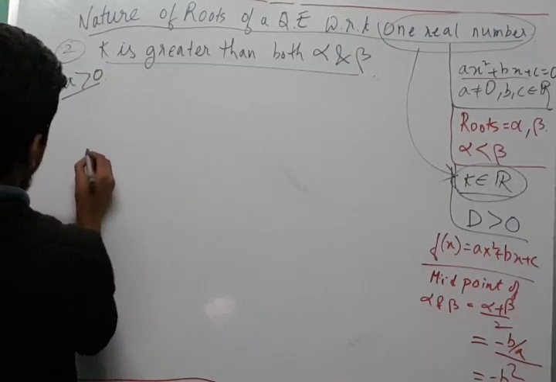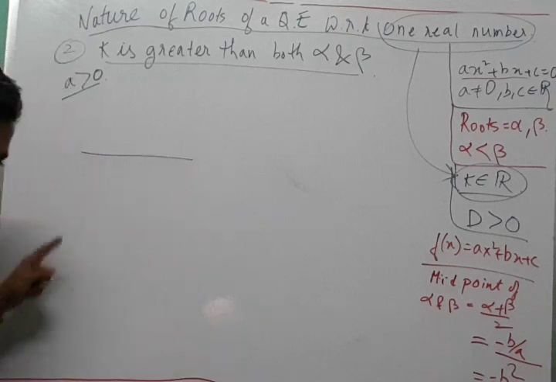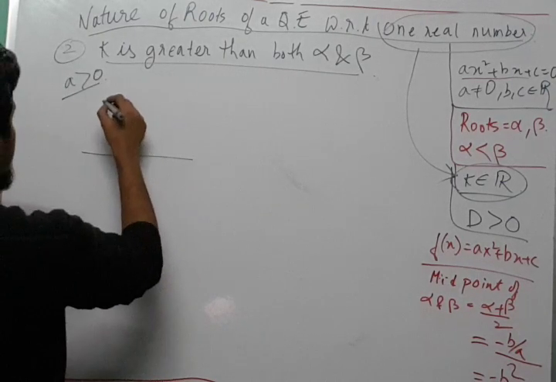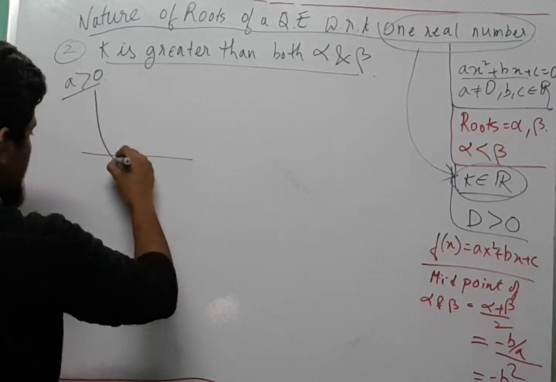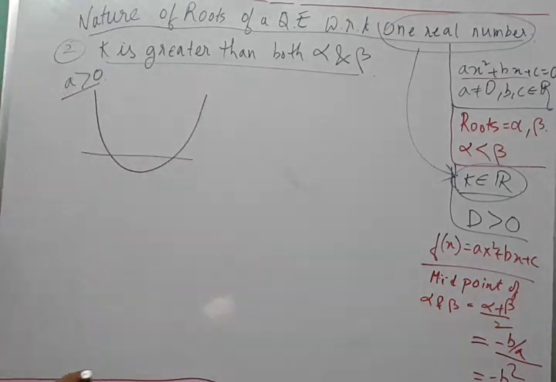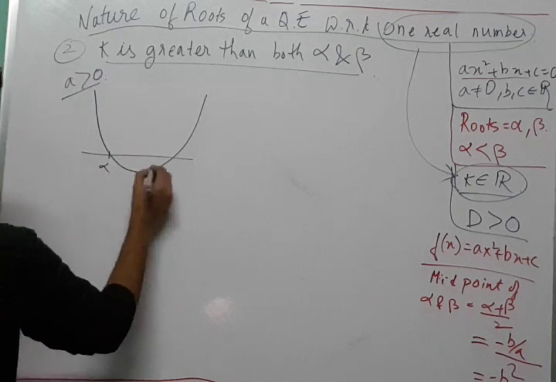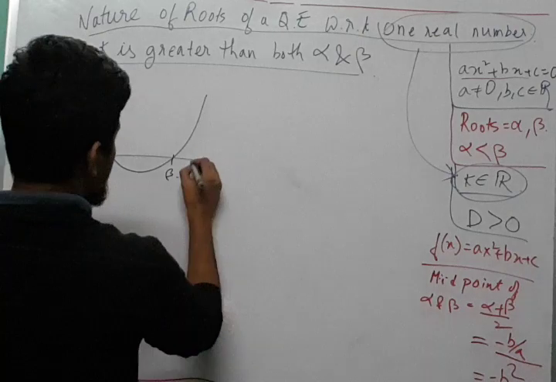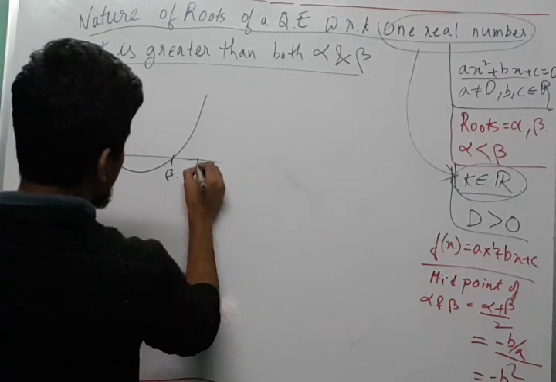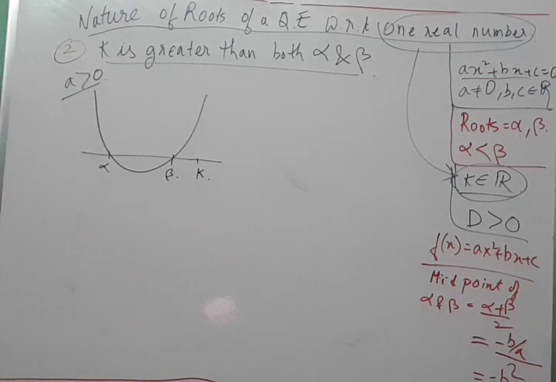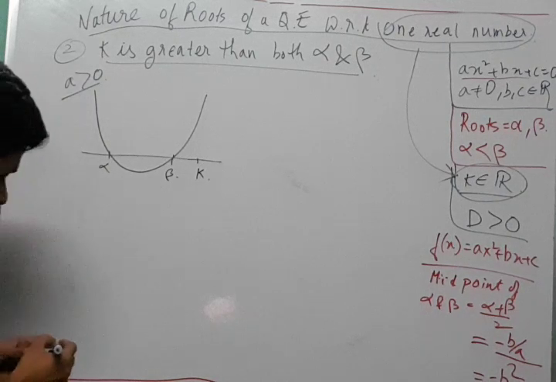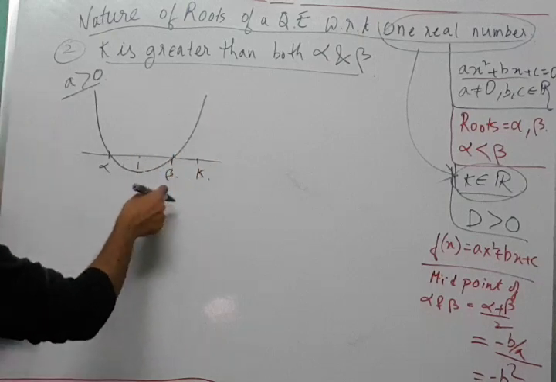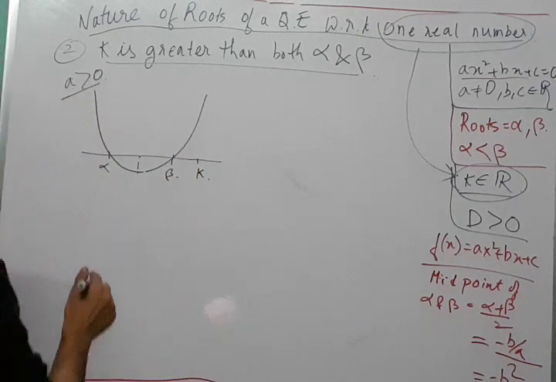So if this is the x-axis, and since a is greater than 0, this is the curve, and we have this as alpha and this as beta, and we have k which is greater than both alpha and beta, so k will be somewhere around here.